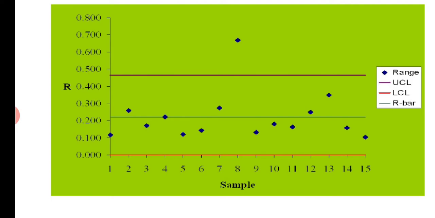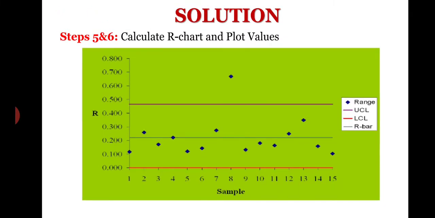So you can remove that observation from your list and recalculate your R bar, because that R value influences your calculated R bar.